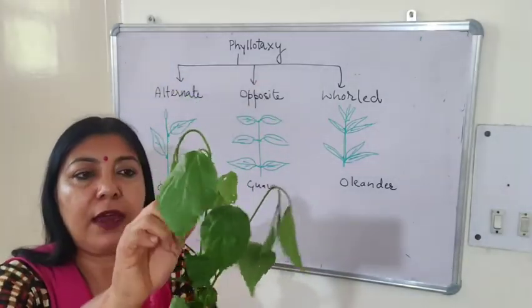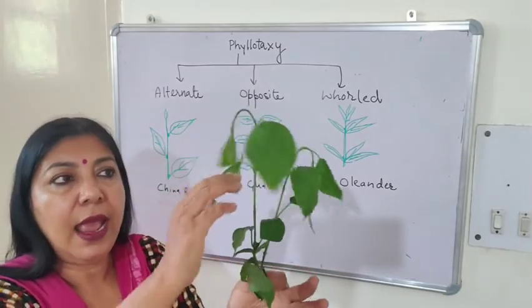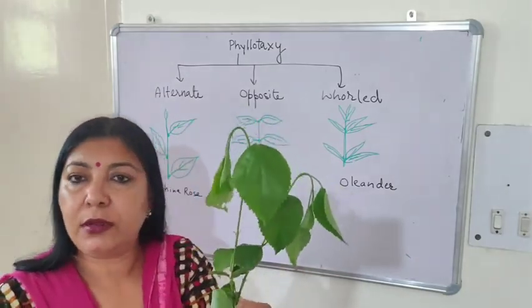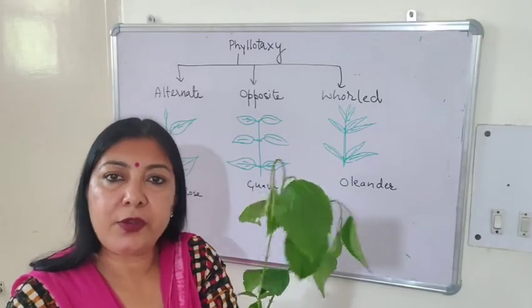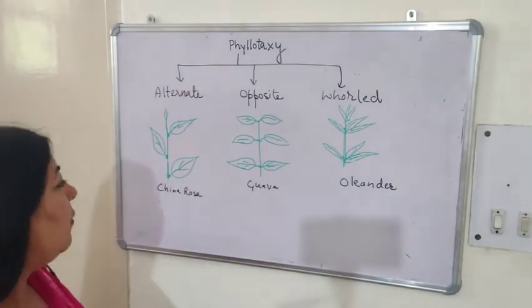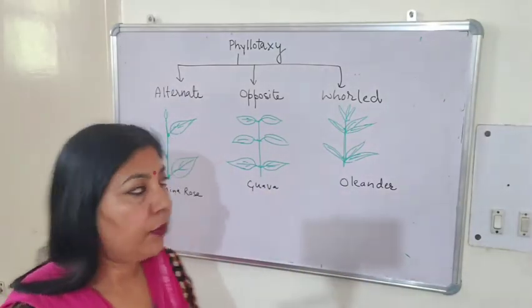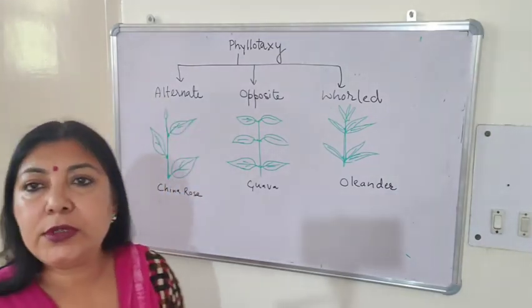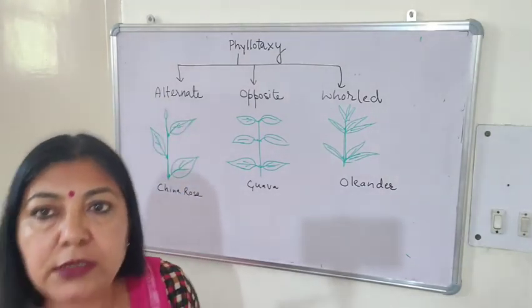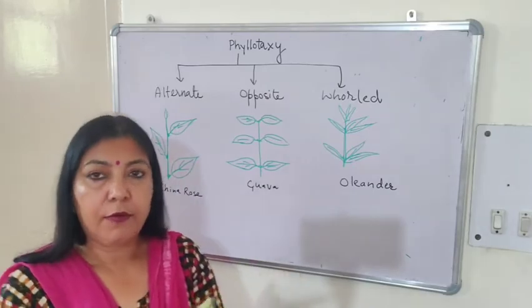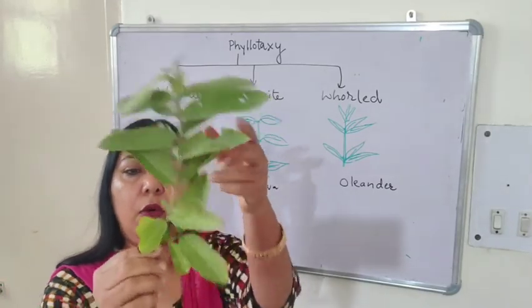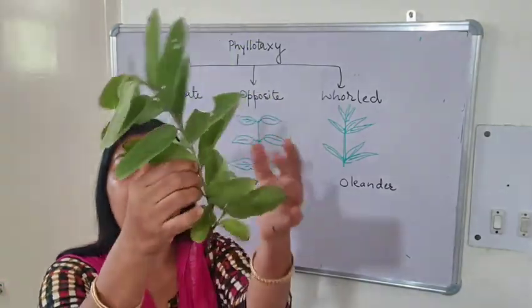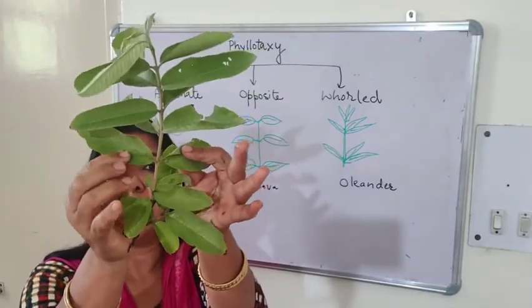Means one leaf arises from one node and in an alternate fashion. This is also called spiral arrangement. So first type of phyllotaxy is alternate. Then second is opposite. In case of opposite phyllotaxy, from one node, always there will be two leaves arising.